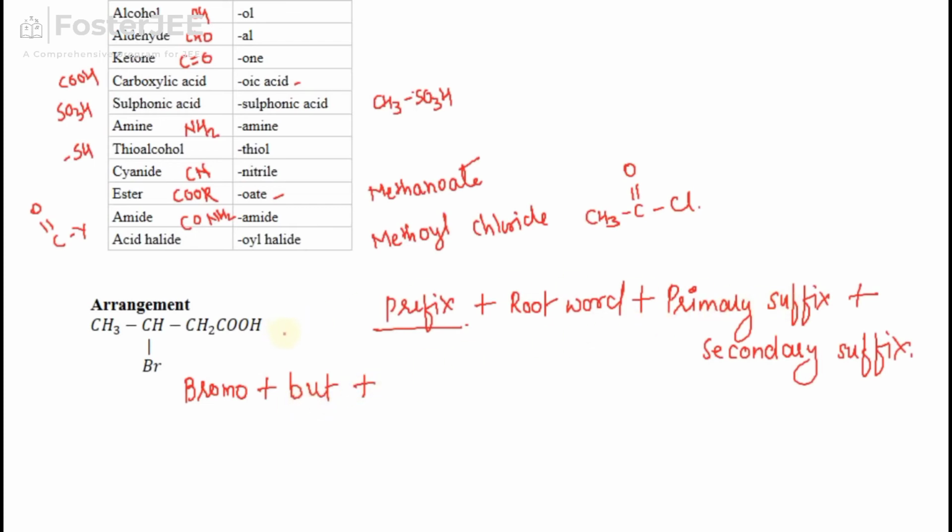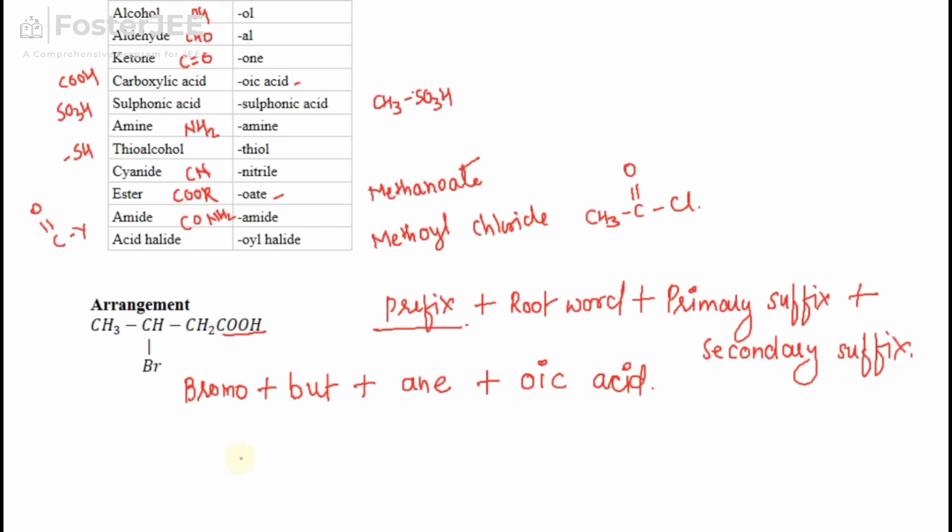So here we can see that this compound is single bonded, or we can say that it is saturated, and we know that the primary suffix for a saturated compound is ane. And the secondary suffix: the functional group present in the compound is carboxylic acid, and we know that the suffix for carboxylic acid is oic acid. So the secondary suffix will be oic acid.